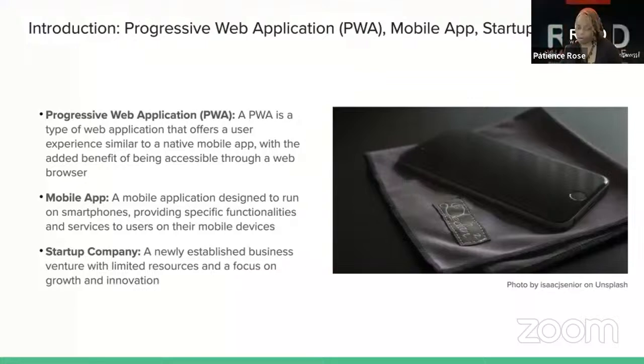Sometimes they have a browser version, but often, and more often than not, those apps that you're putting on your phone, you can't use just directly from a browser. You'll have to have a phone or some other mobile device in order to use it. So when we're talking about a mobile application, these applications are designed to run on a phone or a tablet or some type of mobile device, providing specific functionalities that use the services that are native to those phones.